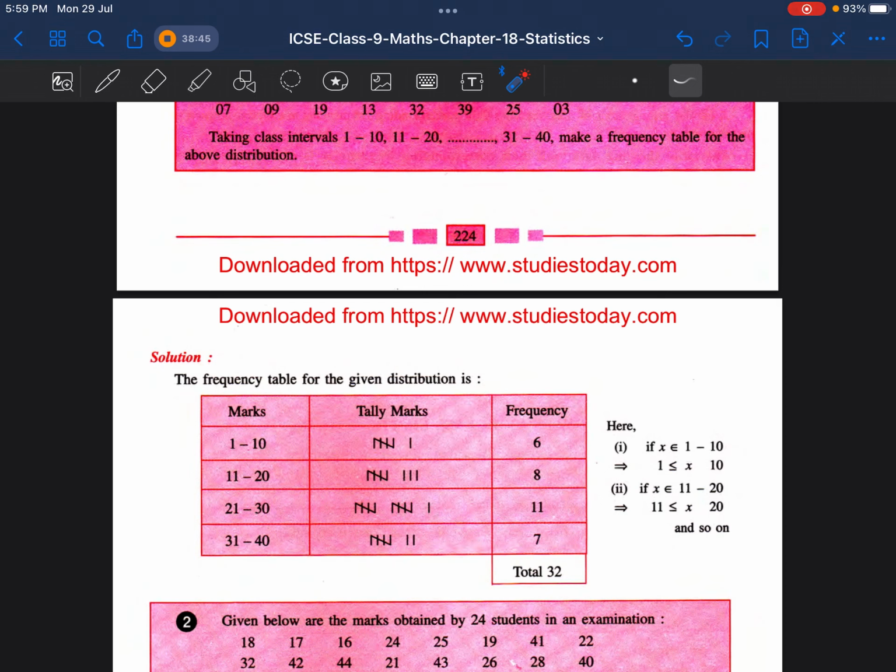So 10, the upper limit of one class, is not equal to the lower limit of the next class.